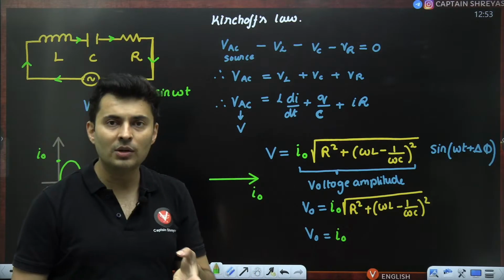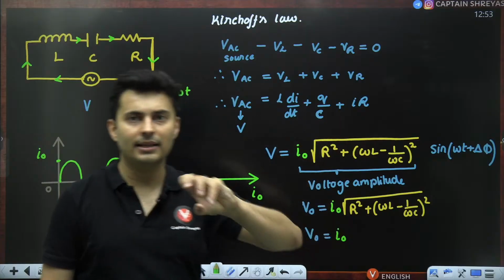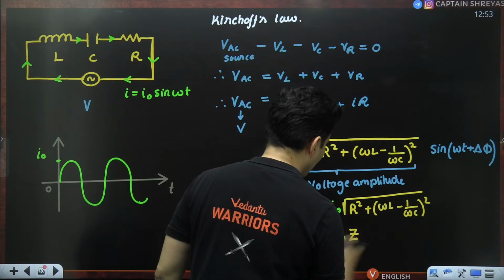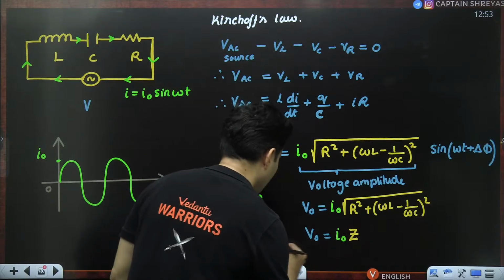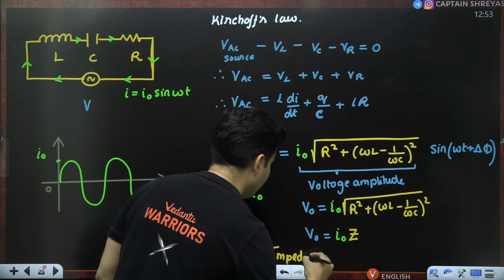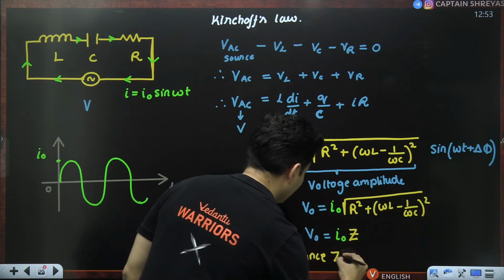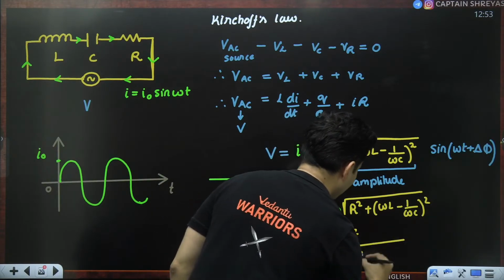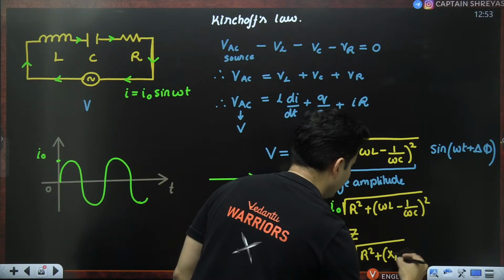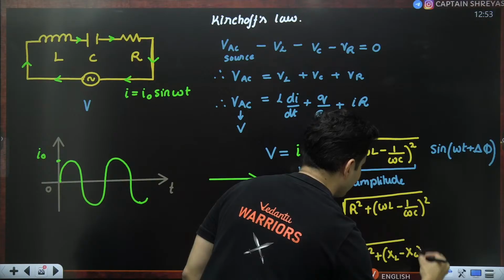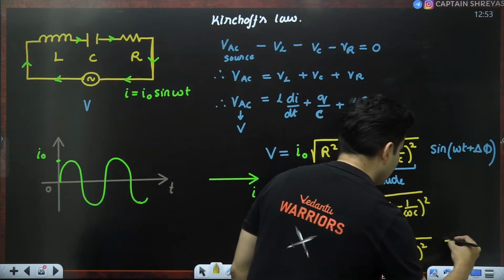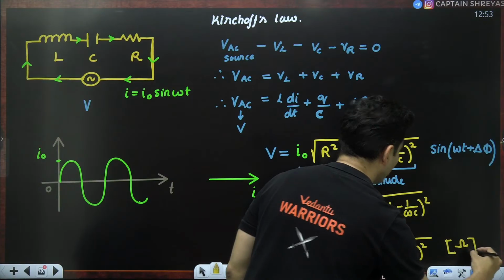So a combination of resistance and reactance is called impedance. Impedance Z is root of R square plus XL minus XC square. It is also expressed in ohms only.